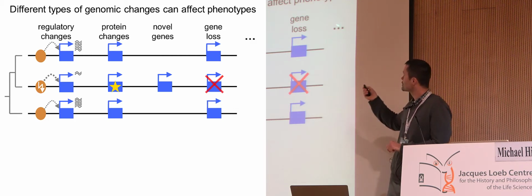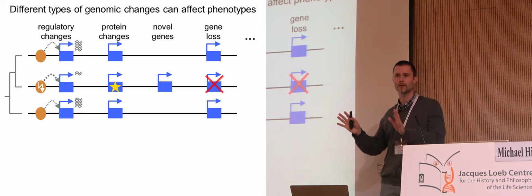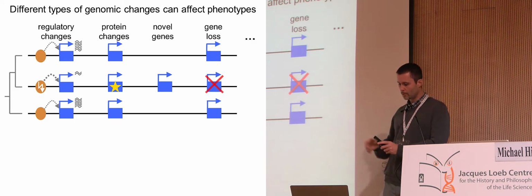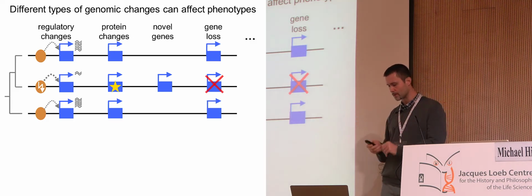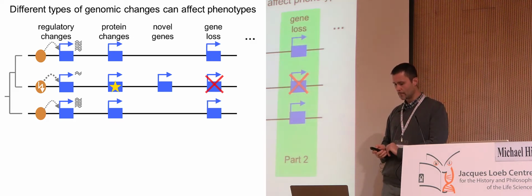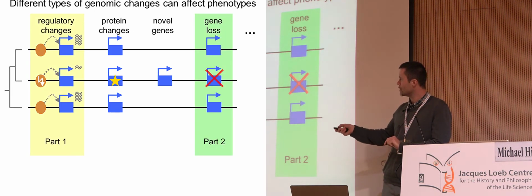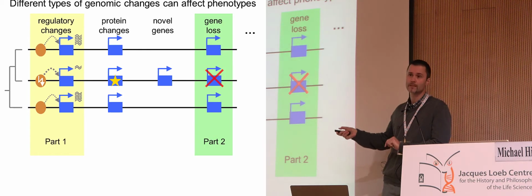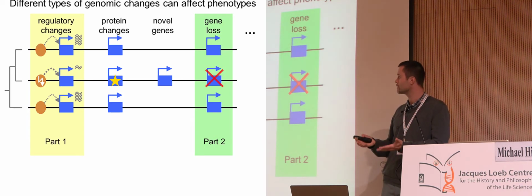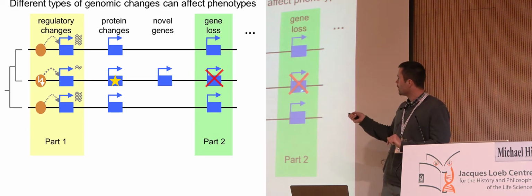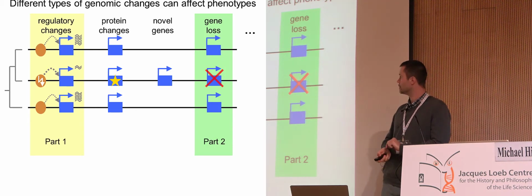And then, of course, there are many other types of changes, right? I show you those 4 because this is what we put some work into in the past. But in this talk, I will only focus on those 2 types: talking about differences in regulatory elements in the first part, and talking about losing genes in the second part.